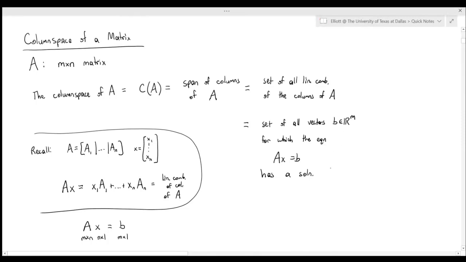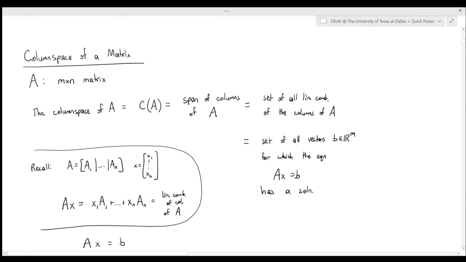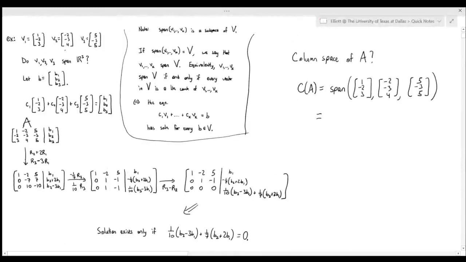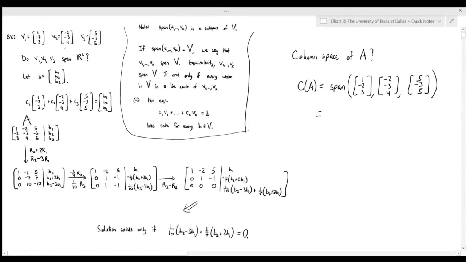So if we look at this perspective and go back to that example, we set up the equation Ax = B, and after the elimination, we see that for there to be a solution, B has to satisfy this equation here.